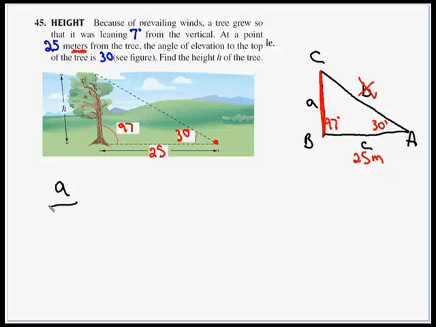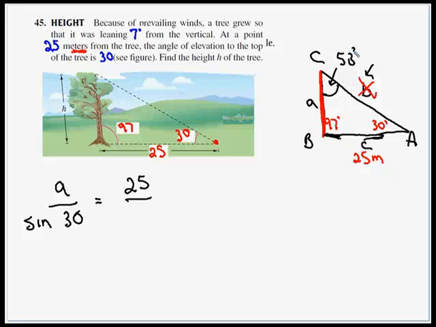So A over the sine of 30 is equal to another fraction. For that fraction we need both the numerator and denominator. We don't have B, but we have angle B. We're not going to need those. What we're going to need is angle C and side C. We have side C. That's 25 meters. We need angle C, and that's easy enough to find. 180 minus the two angles that we were given shows us that angle C is 53 degrees.